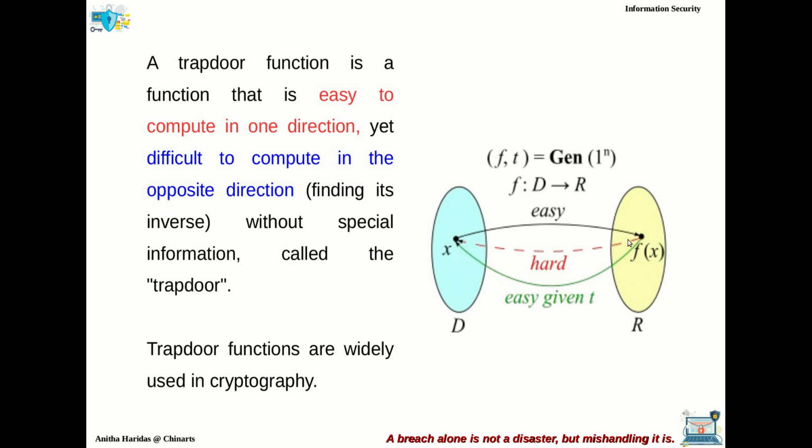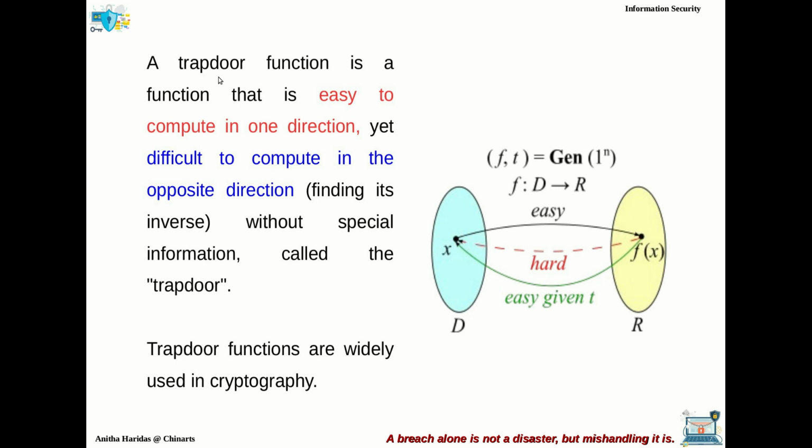So, the inverse process is very difficult. But if you have additional information, the inverse process becomes very easy. Finding its inverse is very easy, right? So, this kind of function is what you call a trapdoor function.